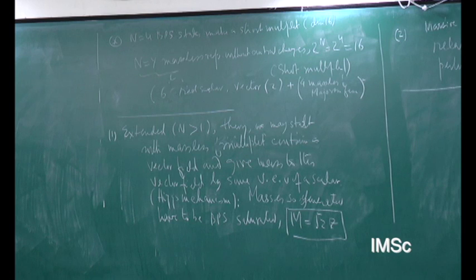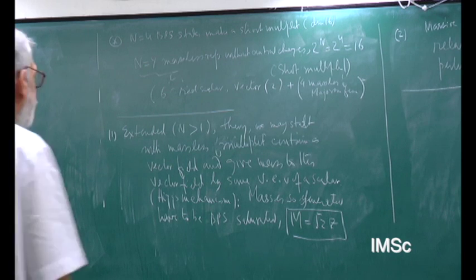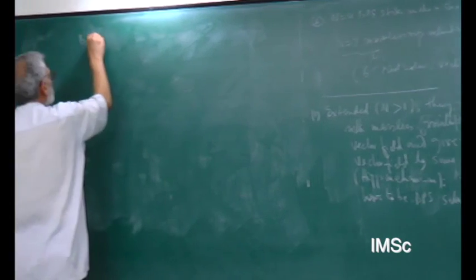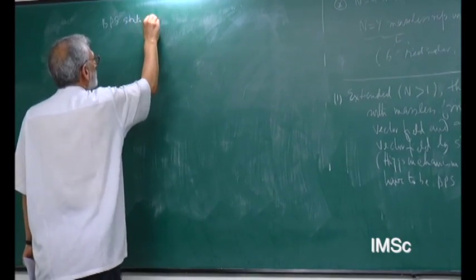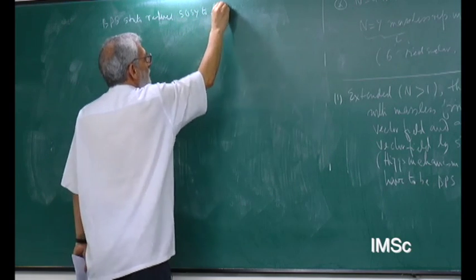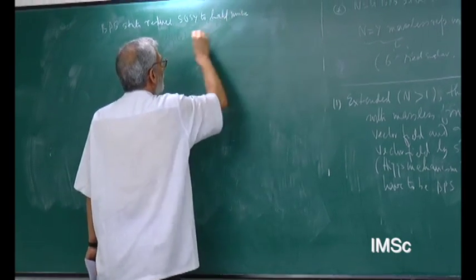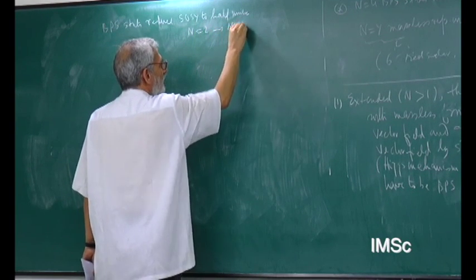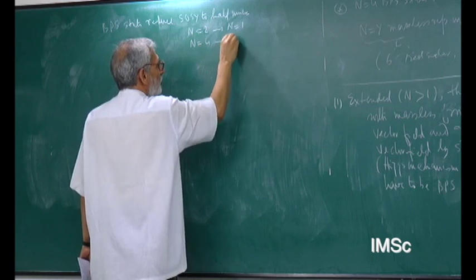That is because the B oscillators were trivially 0 on all states. So half the supersymmetries are trivially true. The only other half is there. So BPS states reduce to half the number: n equal to 2 to n equal to 1, and n equal to 4 to n equal to 2.